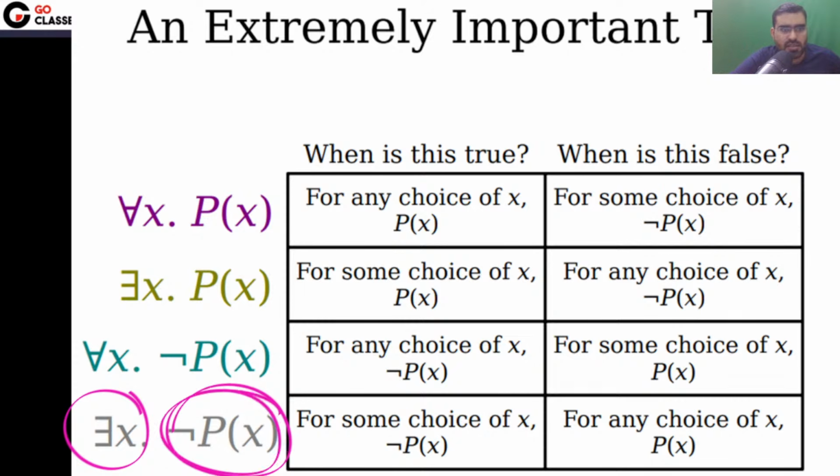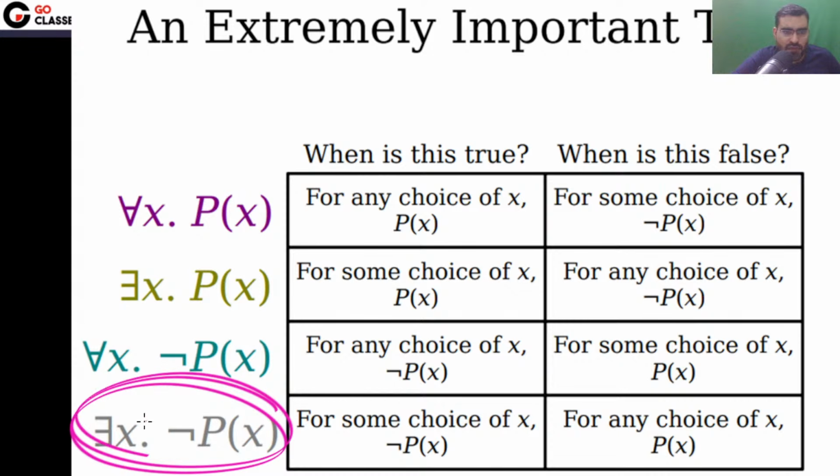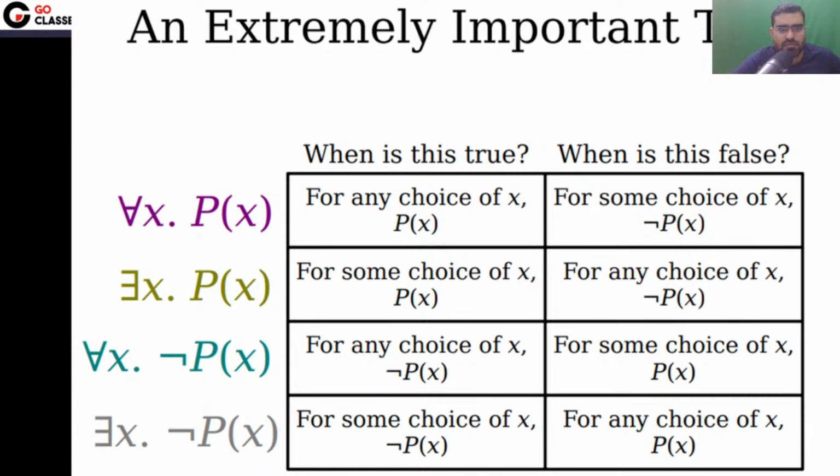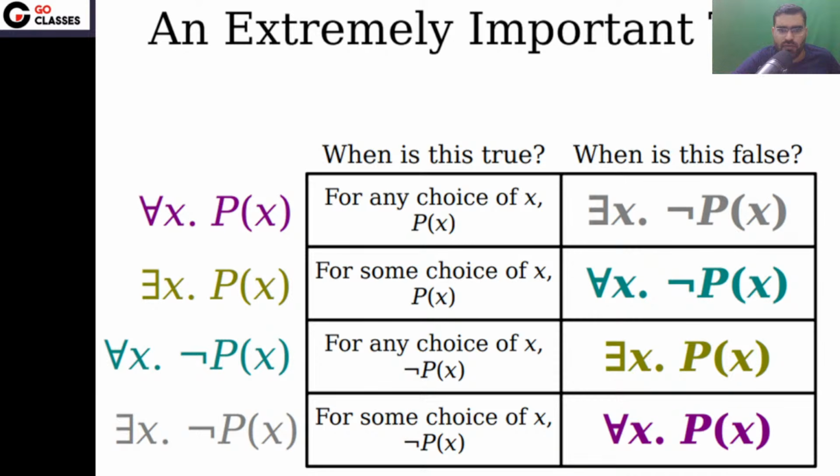So this expression will be true if for at least one person P is false.